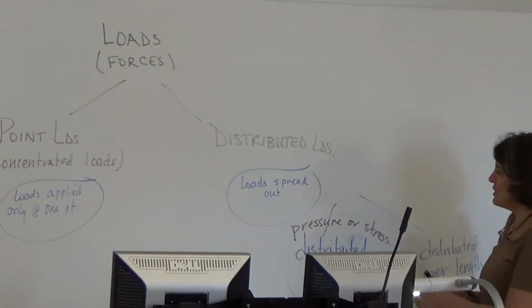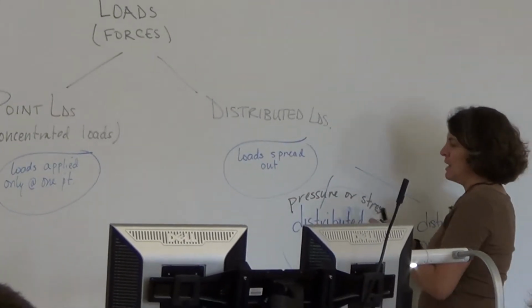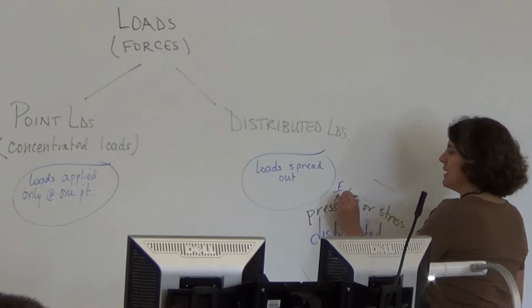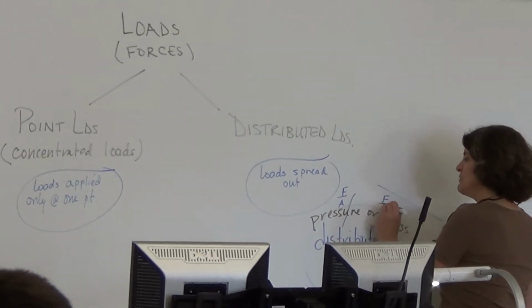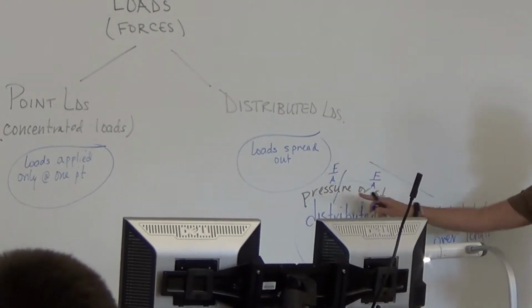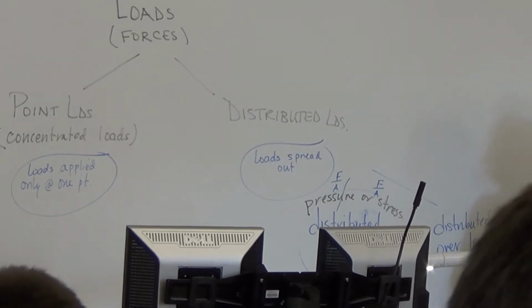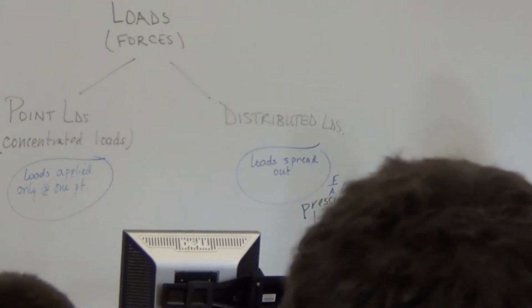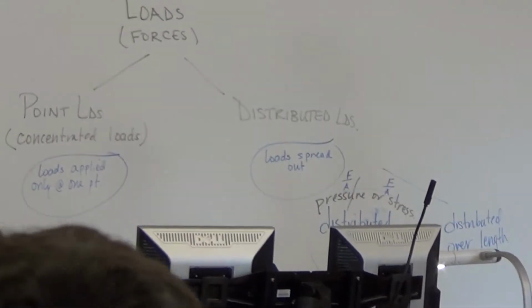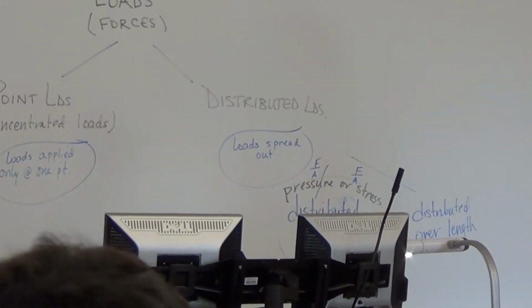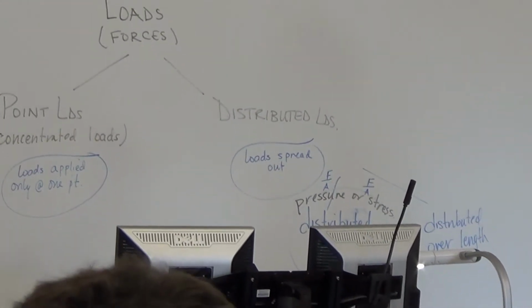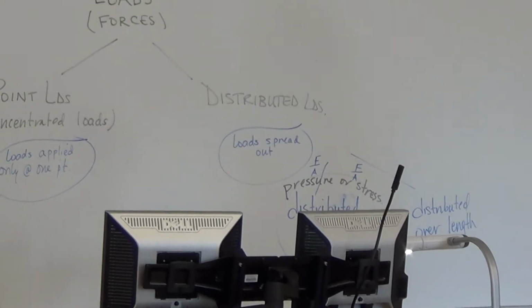Even though pressure is force divided by area and stress is force divided by area, they're not synonyms. When do you use the word pressure and when do you use the word stress? Give me an example of when you use pressure. Gas. How about liquid?